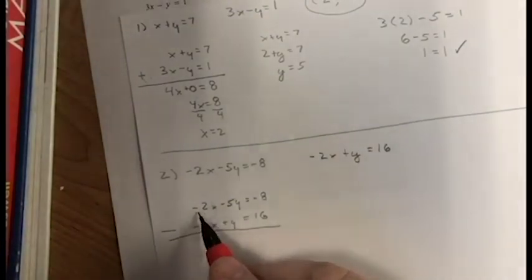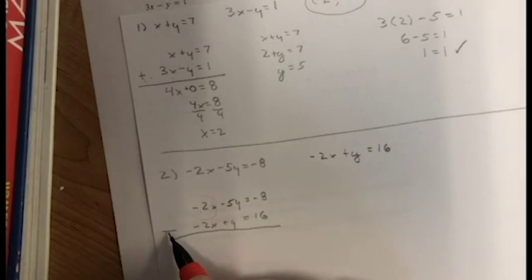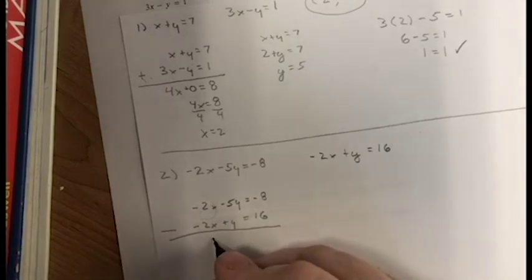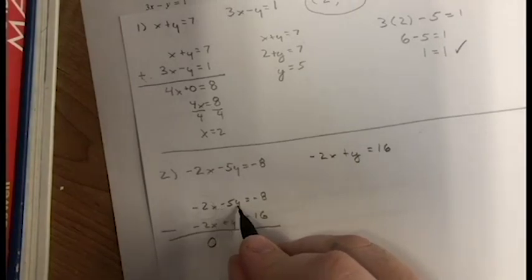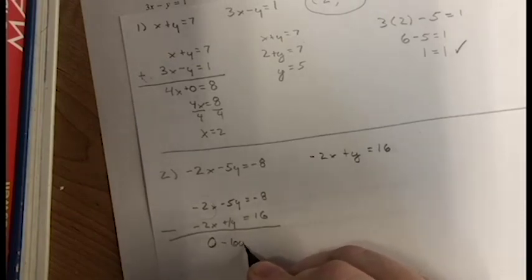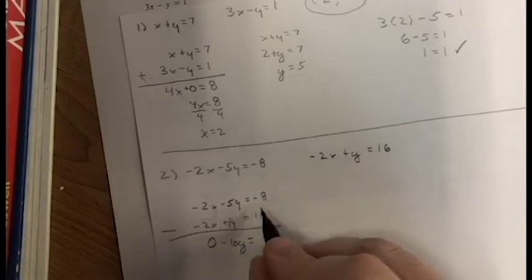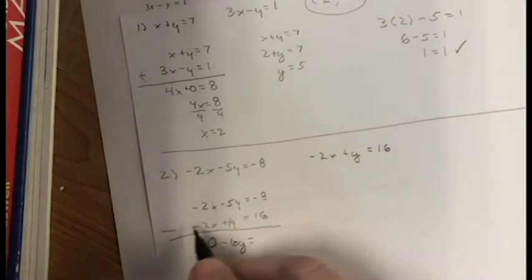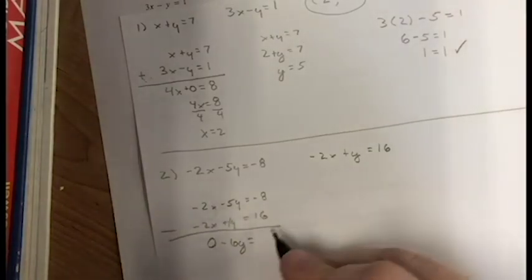And when I do that, a negative 2x minus a negative 2x gives me 0. And then I have a negative 5y minus a 1y, because there's a hidden 1 there, gives me a negative 6y. And this is equal to, now we go negative 8 minus 16 gives me negative 24.